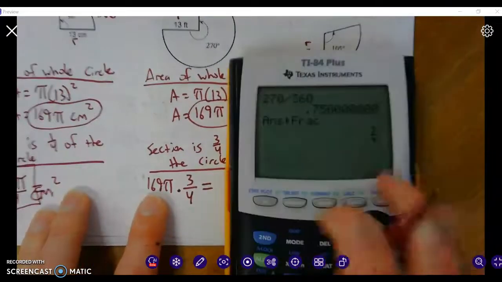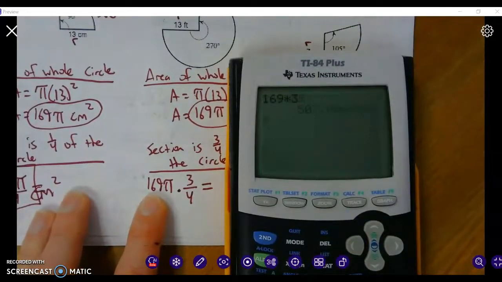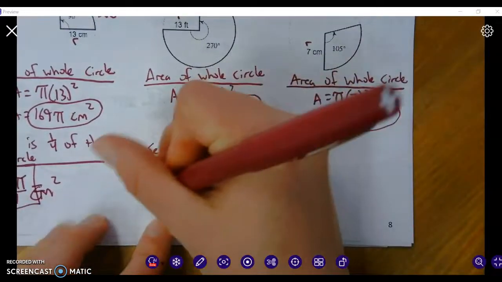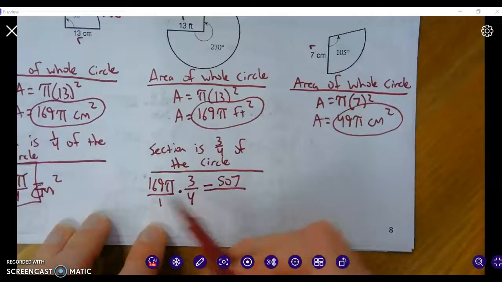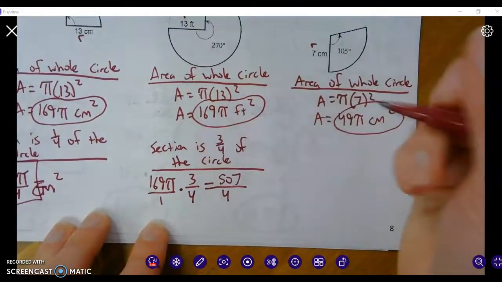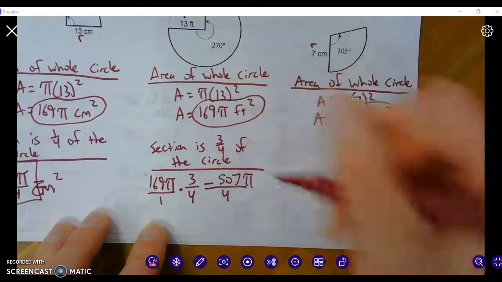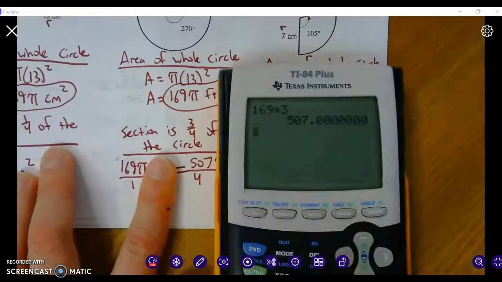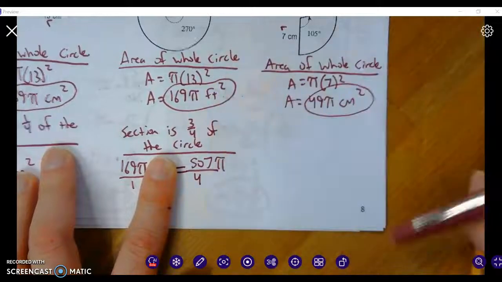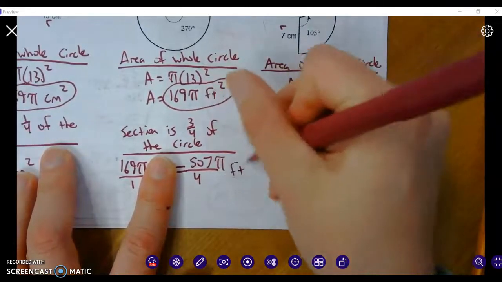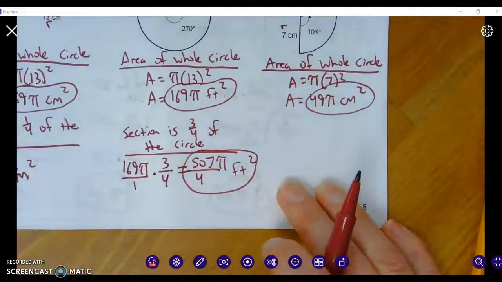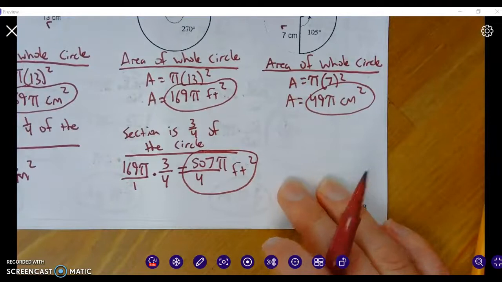Okay, so 169 times 3 is 507. Now there's an invisible 1 there, so we're going to do 1 times 4. And then bring that pi down. Okay, now we can check if 507 divided by 4 is a whole number. And since it is not, we're just going to leave it like this. Okay, so the section is 507 pi divided by 4 feet squared.